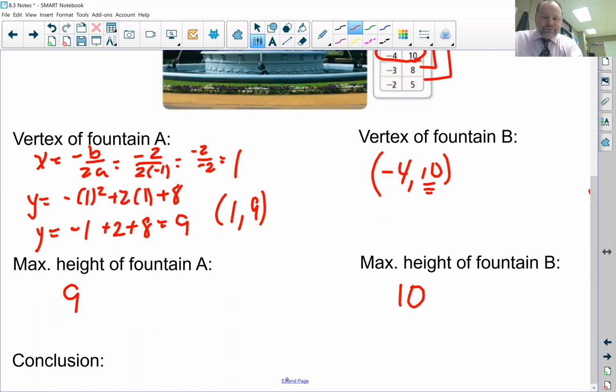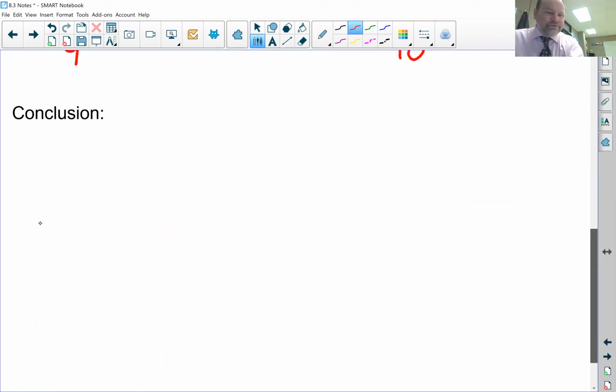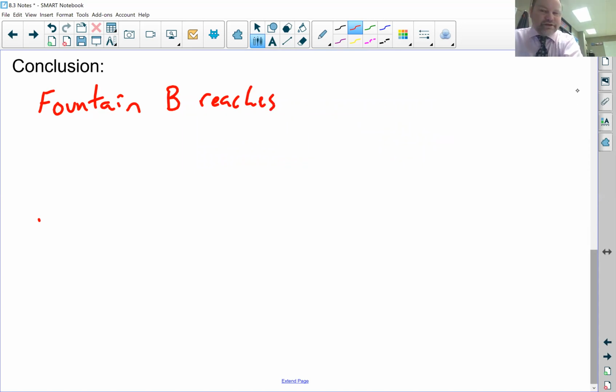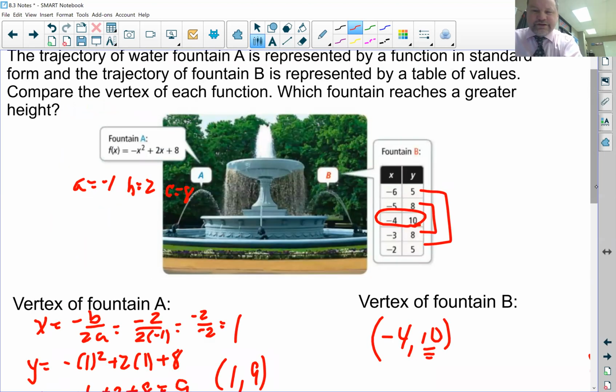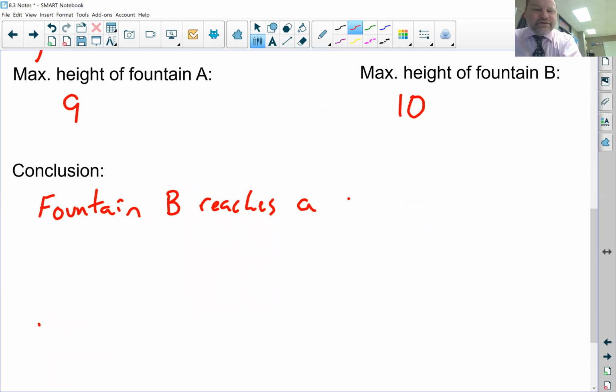So our conclusion, I hope, is fountain B reaches a greater height. I want to make sure I have the wording correctly. Which fountain reaches a greater height? Yes, reaches a greater height.